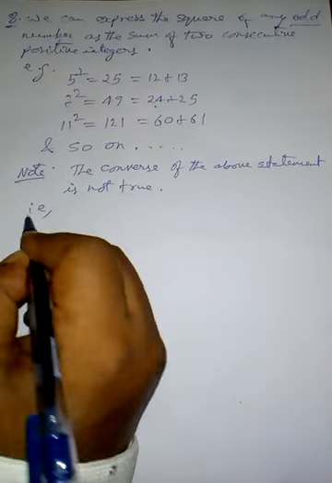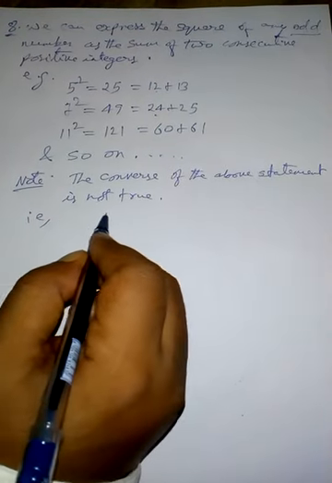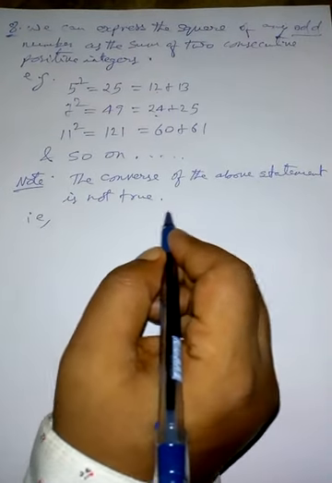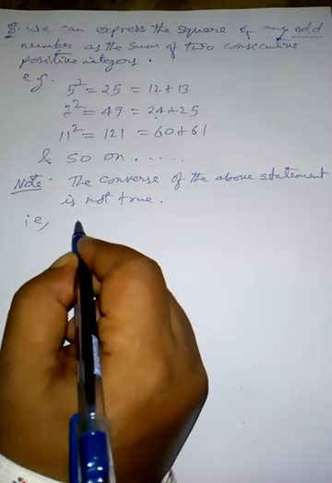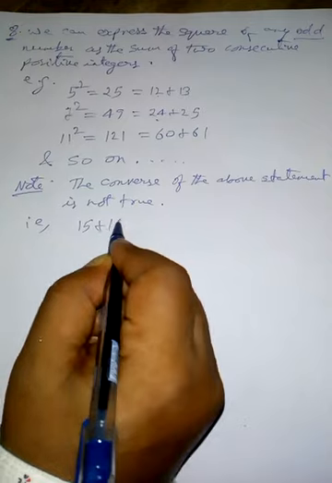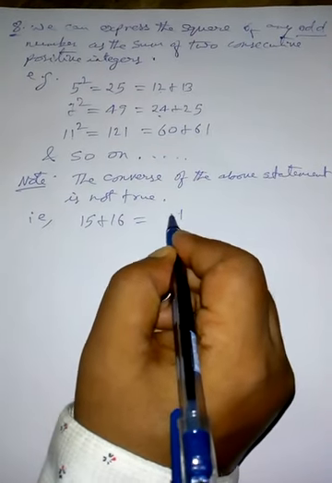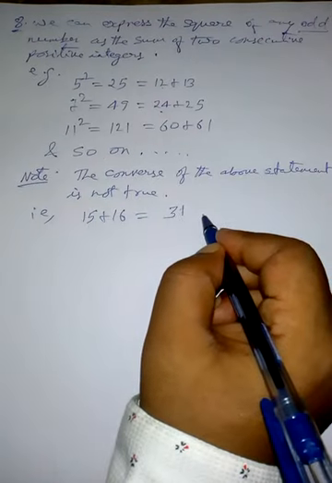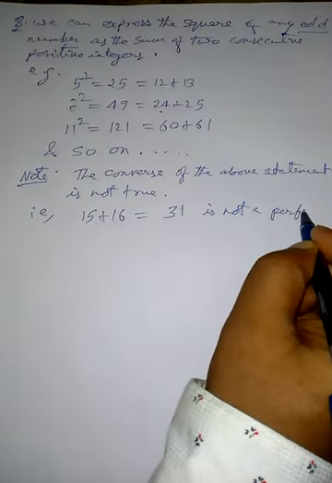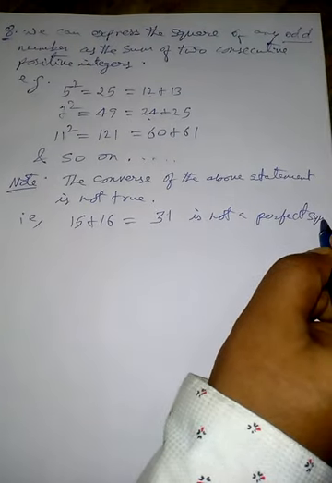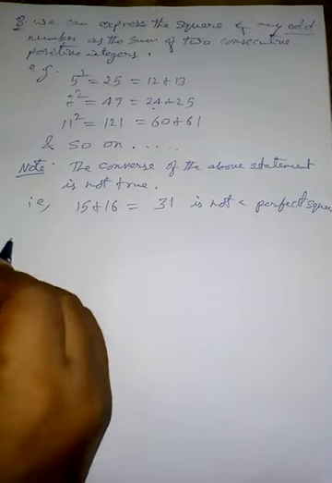That is, we cannot add any two consecutive integers to make a perfect square of an odd number. Like, suppose 15 plus 16 are consecutive numbers. It gives you 31. It is not a perfect square. So this is the thing. The converse of the above statement is not true.